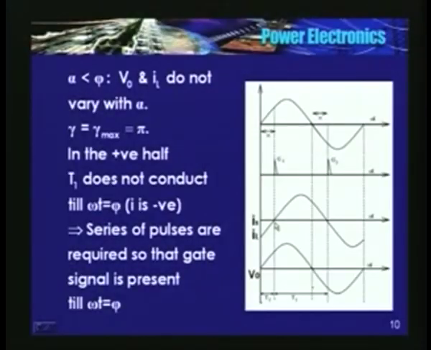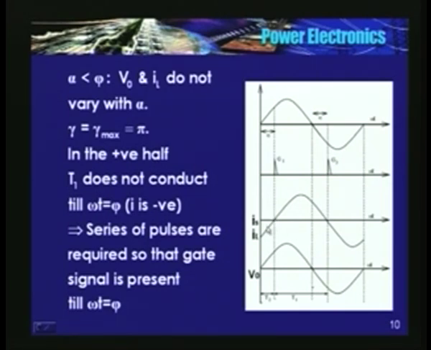See here, current is negative until it cuts the x-axis. Only then this current starts flowing through T1, and this instant is fixed by the power factor angle phi. So till phi current is negative, so even if you try to trigger T1, it will not carry the current.